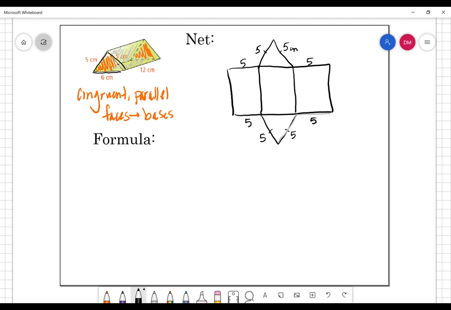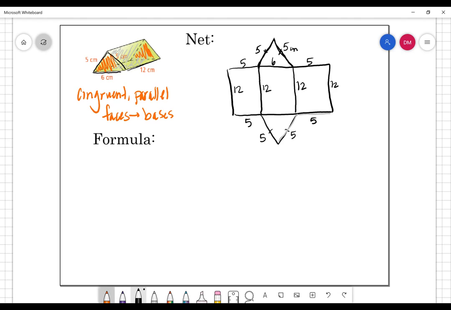Now that only makes sense because the other missing side of this triangle was that base side of 6. So here are the sides of my rectangle, where the other missing side we need is the 12. And that should make sense that each of these have a height of 12. Okay, so there's my net.